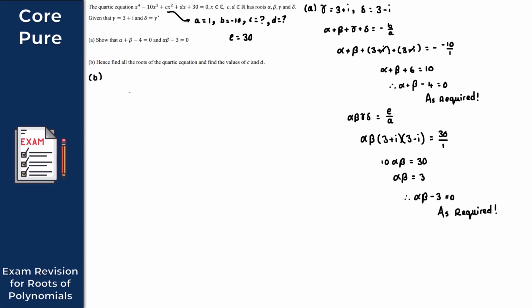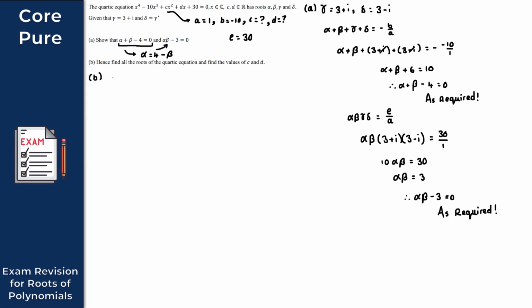So starting off then, what I'm going to do is rearrange this equation, making alpha the subject. So if I do that, I get alpha is equal to 4 minus beta. And all I'm going to do is just substitute this into this equation here.